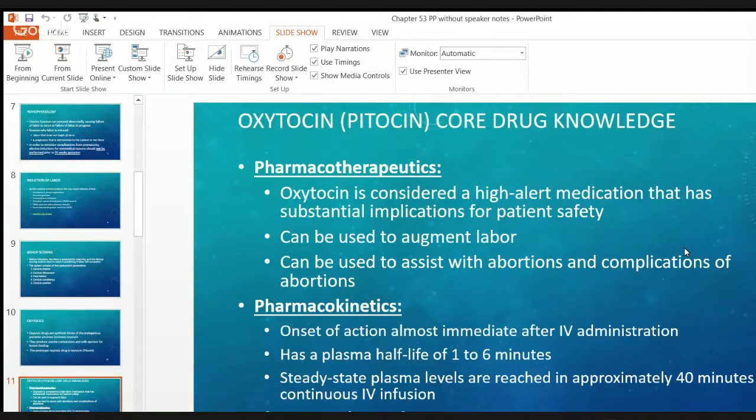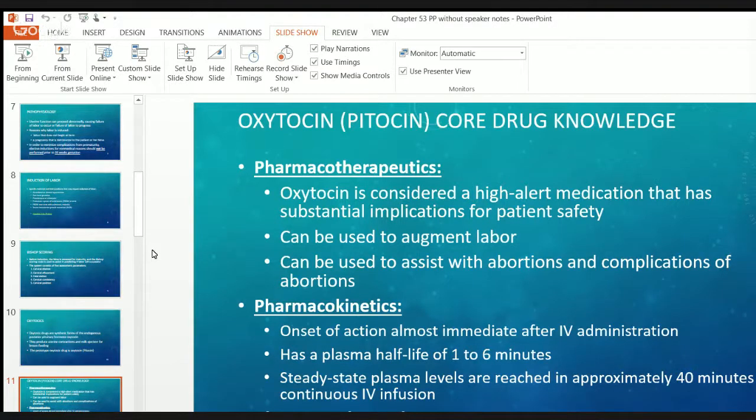We also use this when we perform a contraction stress test. Women can be administered a medication like oxytocin, or, because of the relationship with milk let down for breastfeeding, they can have nipple stimulation, because that is how the hormone is released.